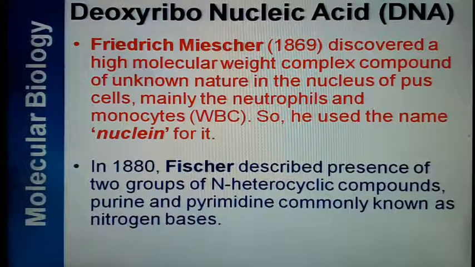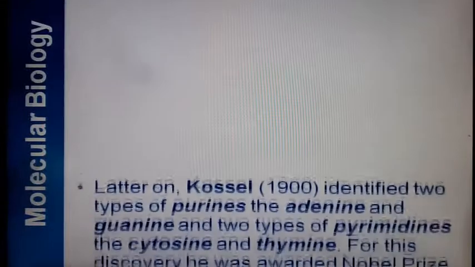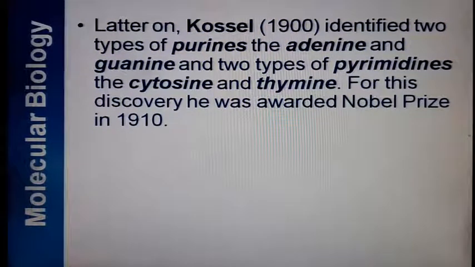Later on, Fischer found that nuclein contains two types of nitrogen heterocyclic compounds. One was named purine and the other pyrimidine. By chance, the purine is a larger molecule than pyrimidine.